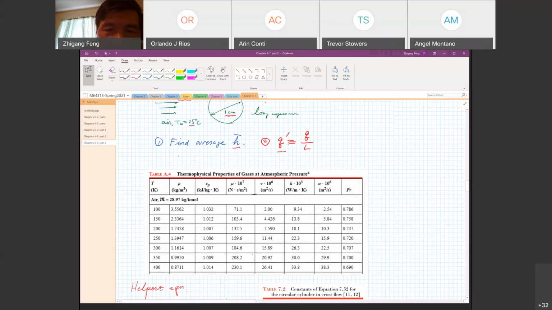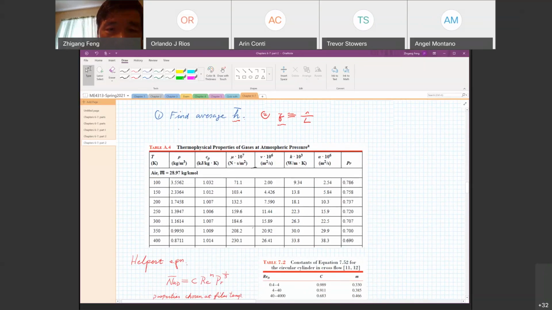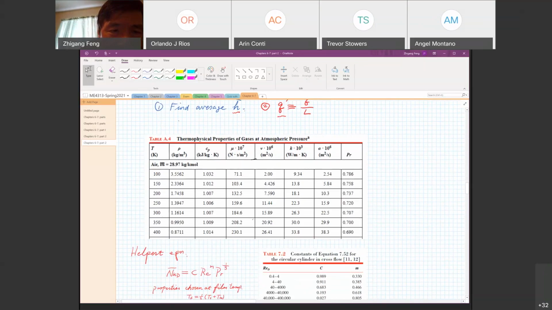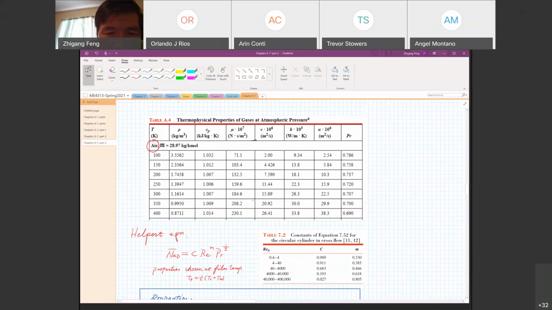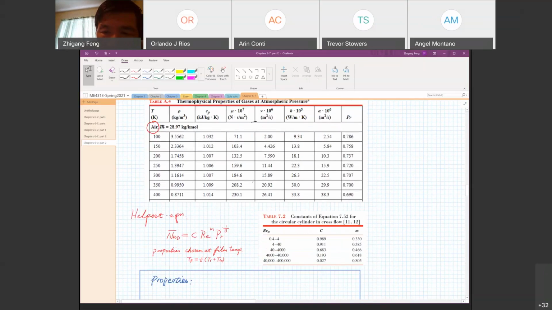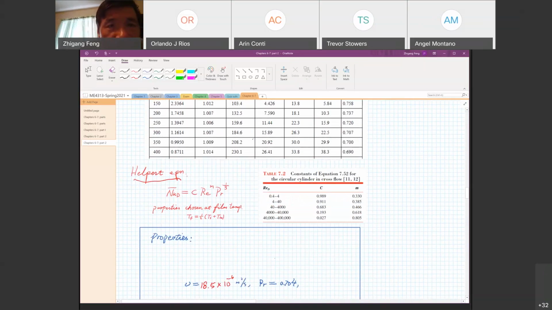So this is a table of the thermal properties of gas, in our case, air, which you can find in the appendix of the textbook. So our plan is to use the Hilpert equation, so we have to evaluate the properties at the film temperature. So let me calculate the film temperature.